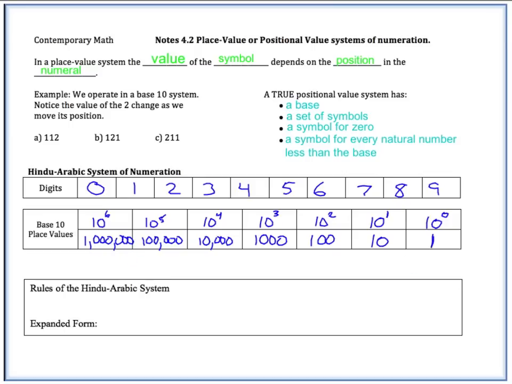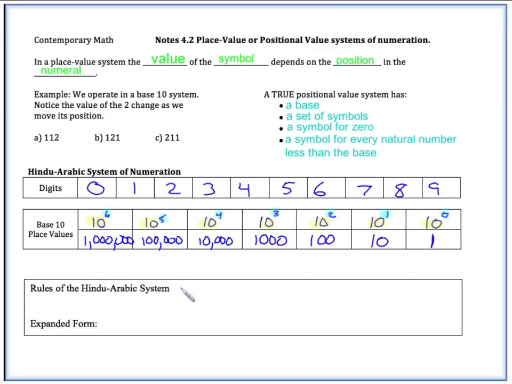Hopefully you're picking up that if we're doing a base of 10, that 10 is the base of all of these numbers. Then we just increase the powers by 1 each time, and we start with 0 because anything to the 0 power is 1. And then we go to the first, second, third, and so on and so forth.